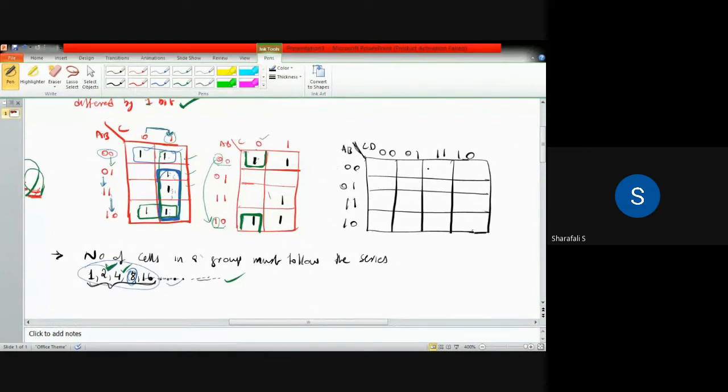And let's consider some minterms inside this.